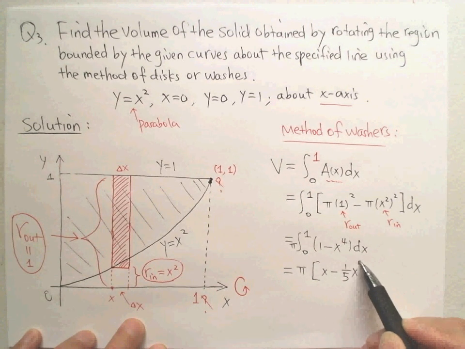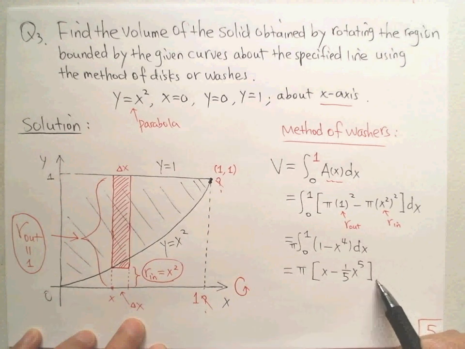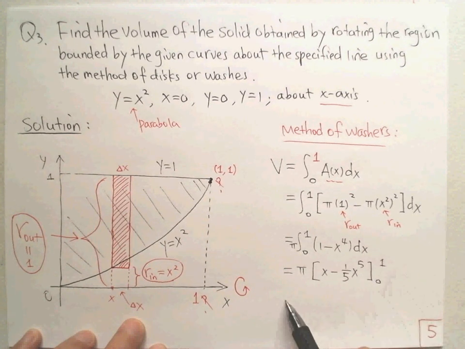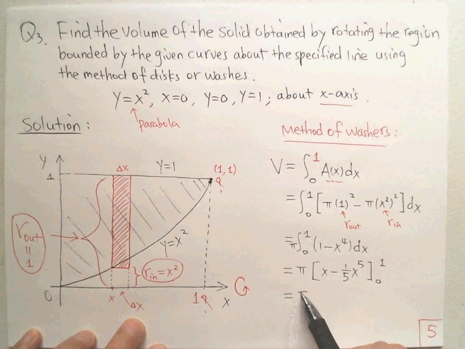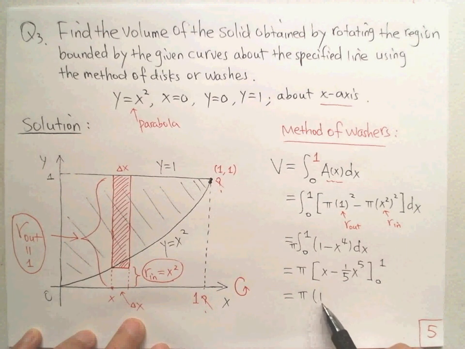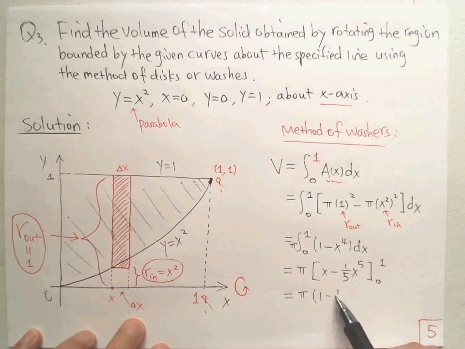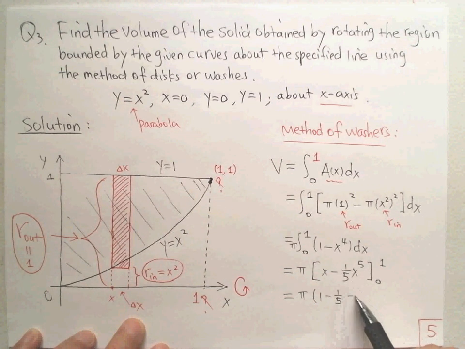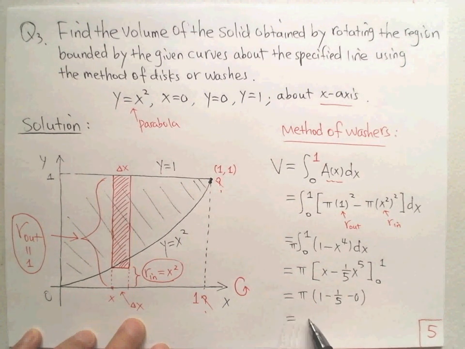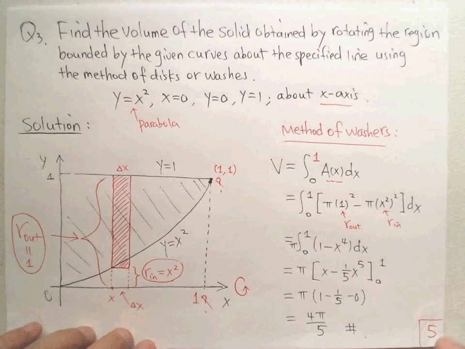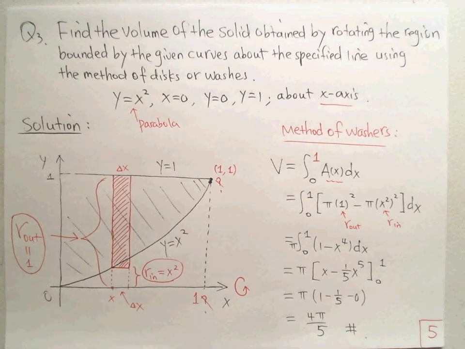This is x raised to the 5th power, so divided by 5, with 1 over 5 x to the 5th power, and then the difference from 0 to 1. Plug 1 in: this is 1 minus 1/5. Plug 0 in, of course, is 0, and then the calculation gives 4 pi over 5. See, we can find the value. So that is all. Thank you.